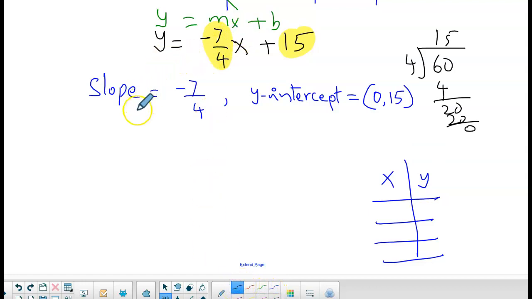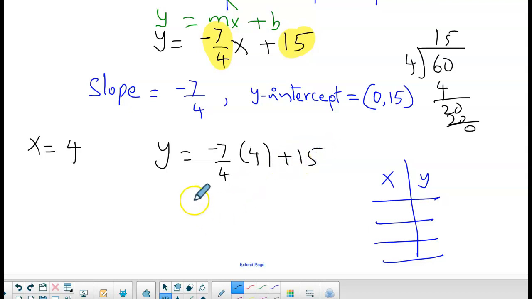For example, let us take x is equal to 4. What is the value of y if x is equal to 4? Sometimes they say x is one item and y is a different item. Here I am substituting x is equal to 4 to give y is equal to negative 7 over 4 times 4 plus 15.